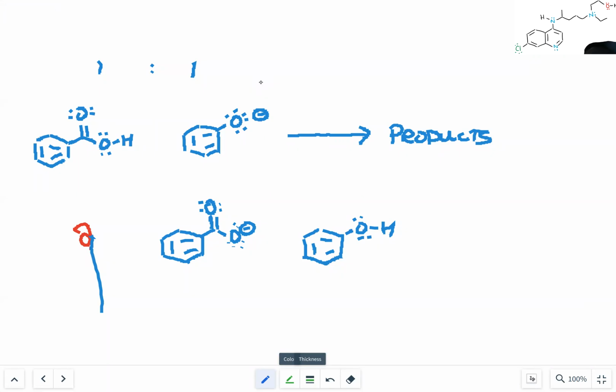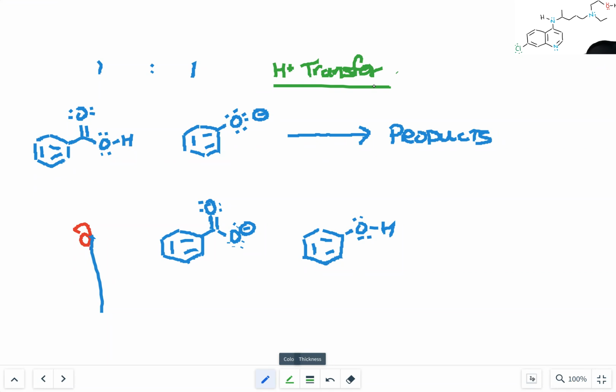So what we need to basically decide is which compound is the base and which compound is the acid. And remember, in these reactions we're transferring H plus. So the base should be grabbing the proton, and then you'll generate a conjugate acid and a conjugate base.